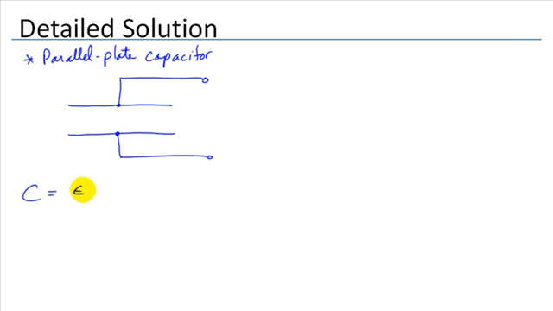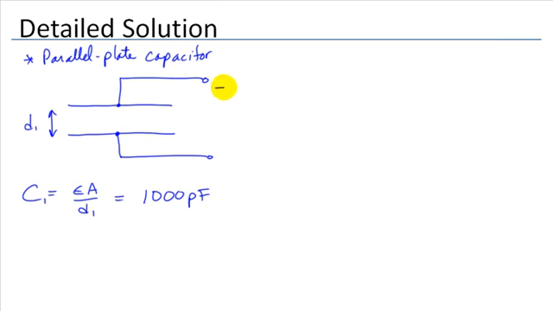All right, let's proceed with the details. To begin with, write down the capacitor equation, which says that the capacitance at the beginning of the experiment, which I'll call C1, is given by the dielectric constant times the area divided by the spacing between the two plates, which I'll call D1.